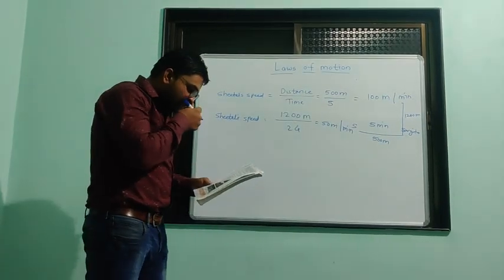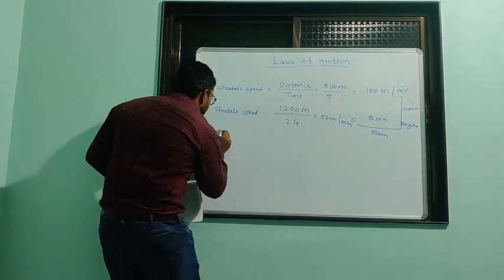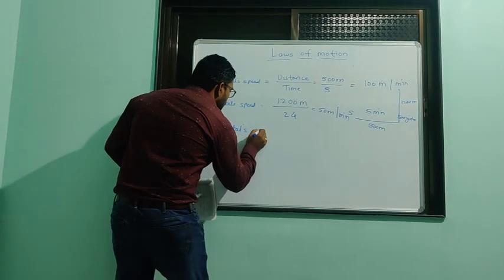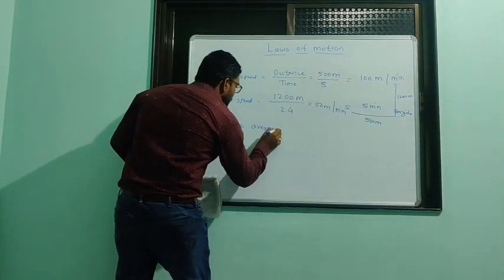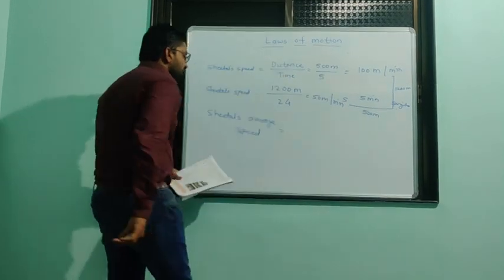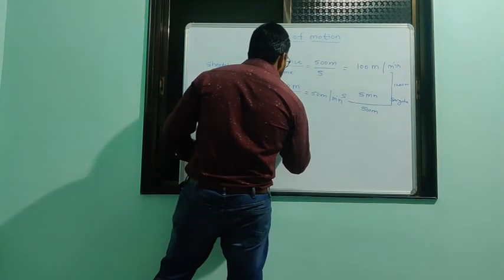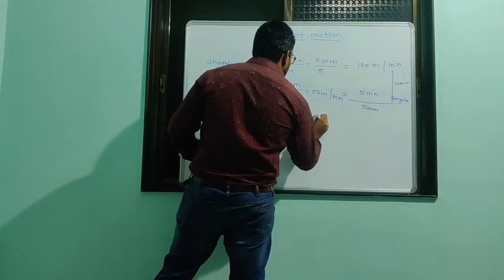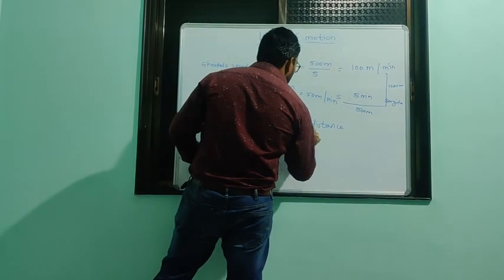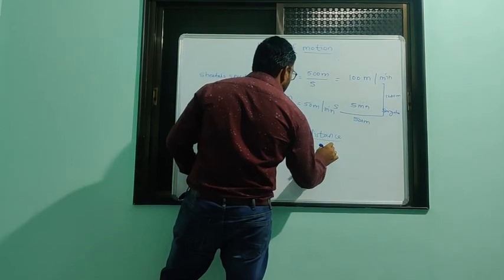Now what Sheetal's average speed is, that we have to see. Sheetal's average speed will be total distance upon total time.